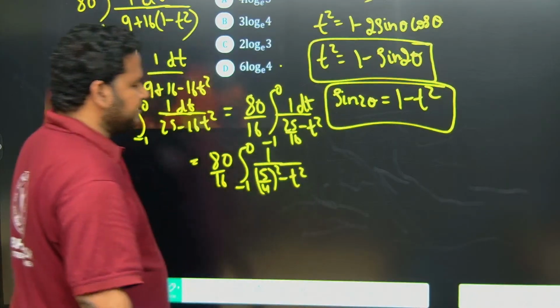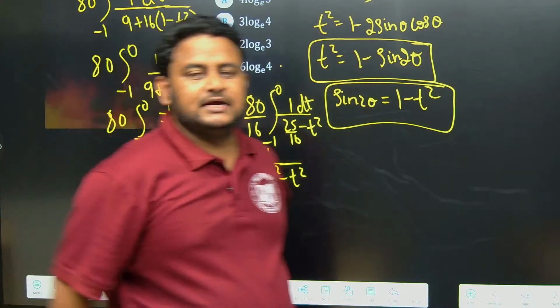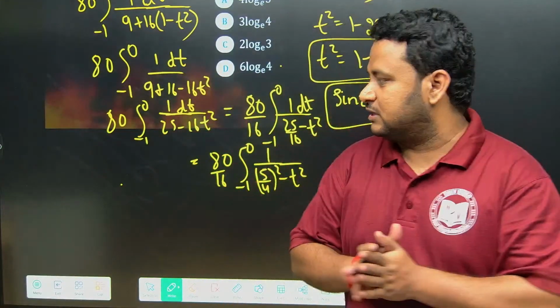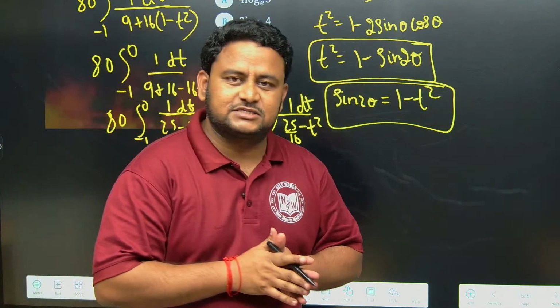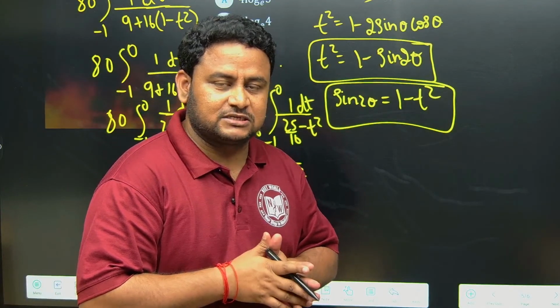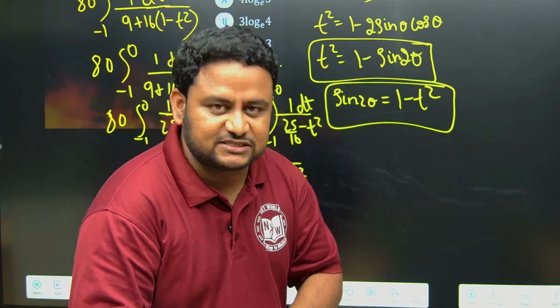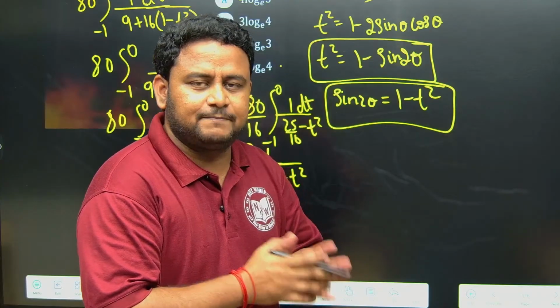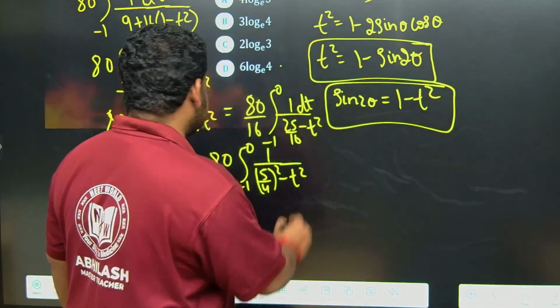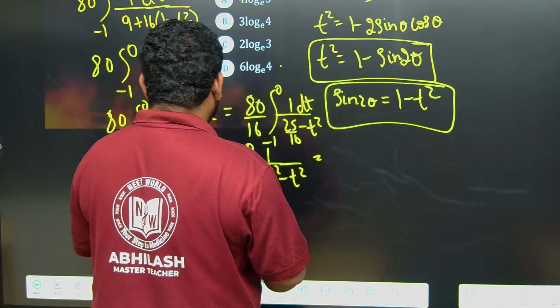This is the integral of 1 by a^2 minus x^2. The integral of 1 by a^2 minus x^2 is equal to 1 by 2a times log of (a plus x) by (a minus x). If it is x^2 minus a^2, it is (x minus a) by (x plus a). So this will become 80 by 16, which is nothing but 5.